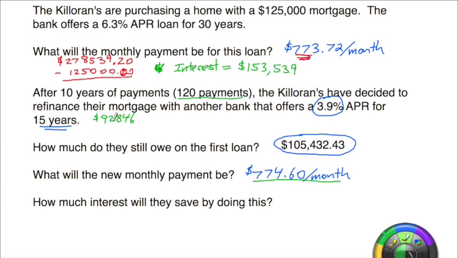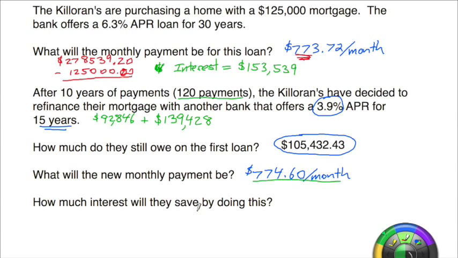That's how much money came out of their pockets for the first 10 years. And then we're going to add on to this the new payment of $774.60. We're going to multiply that by 180 payments. So that'll come out to be 139,428. Exactly, which is kind of cool.